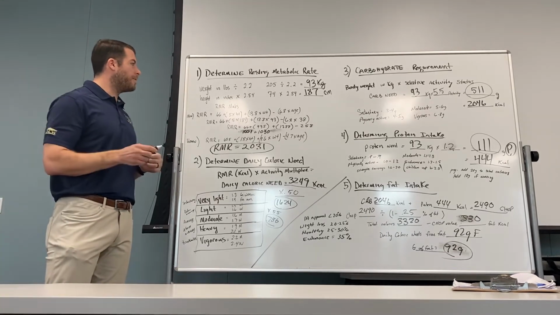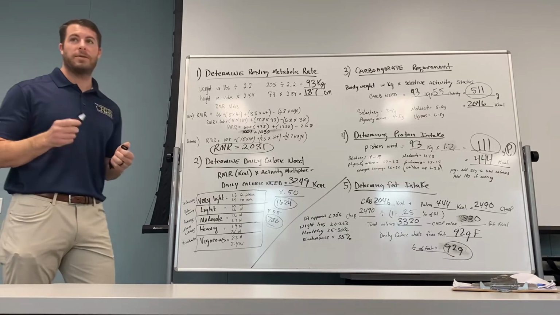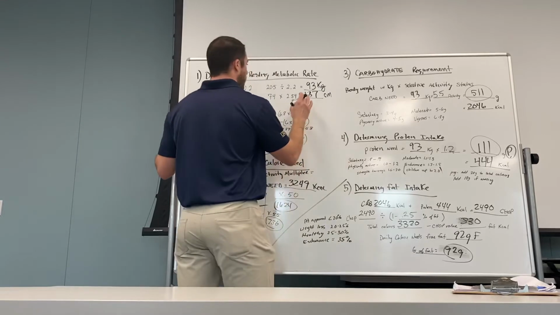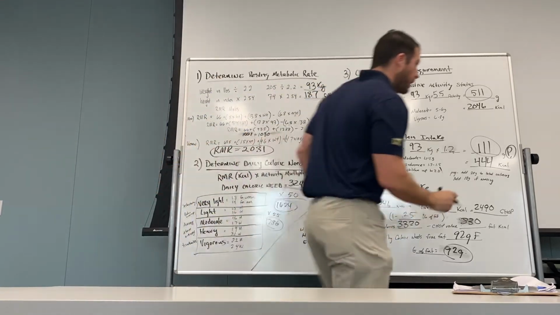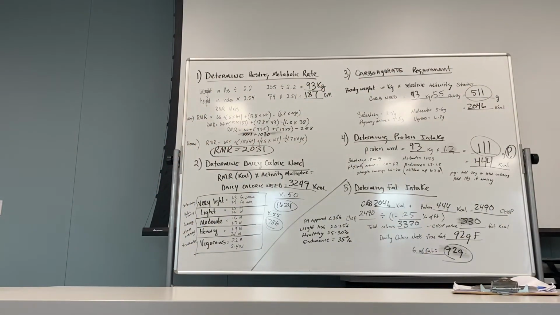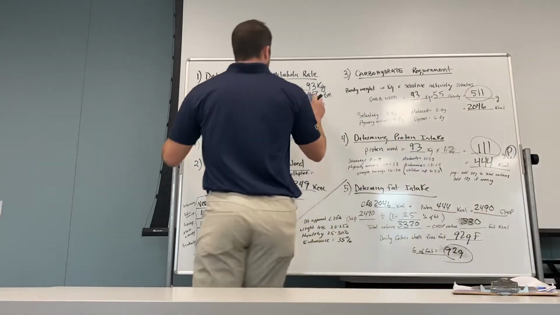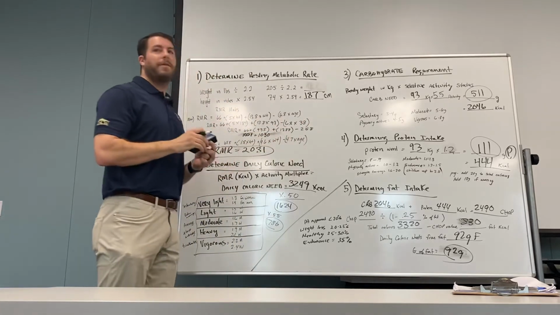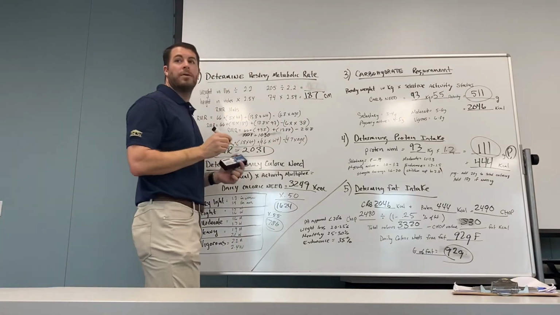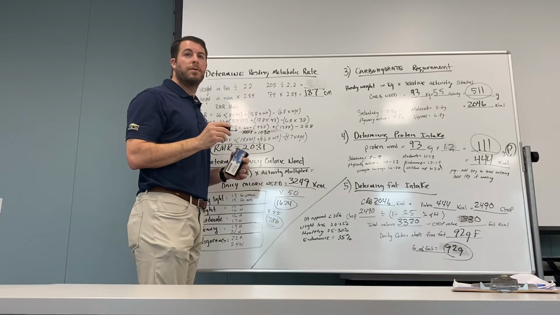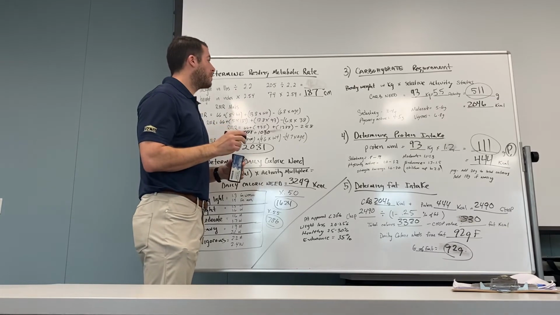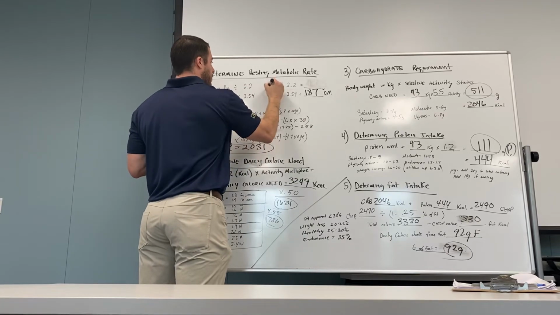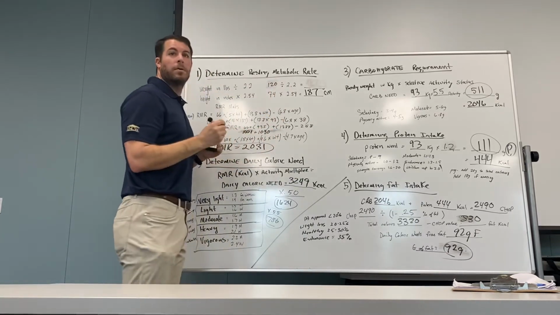So weight in pounds divided by 2.2, so 120 divided by 2.2, what do we have? Let me go ahead and start erasing. All right, so 120 divided by 2.2. 54.